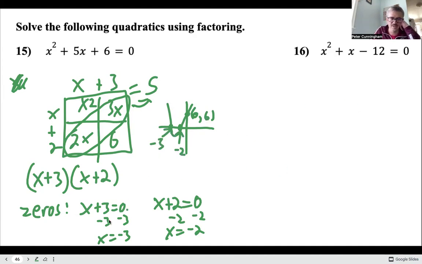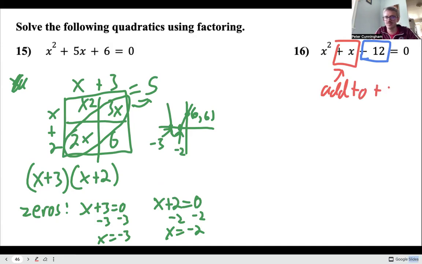Okay. This next one is asking me to multiply to be negative 12. Okay, that's the number we need to multiply to be. And then it needs to add up to positive 1.